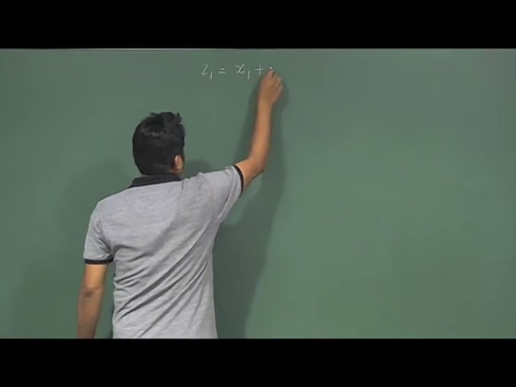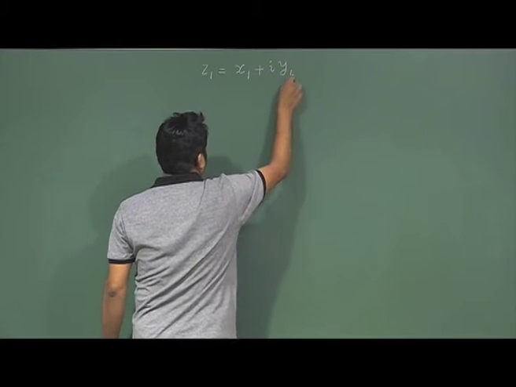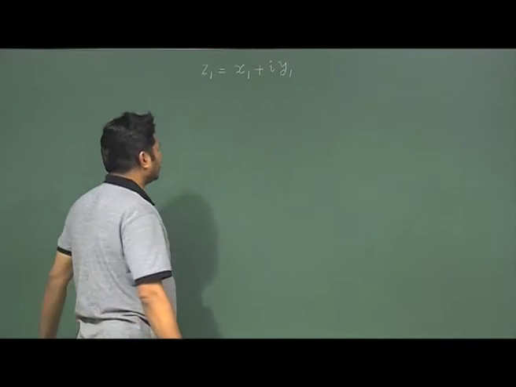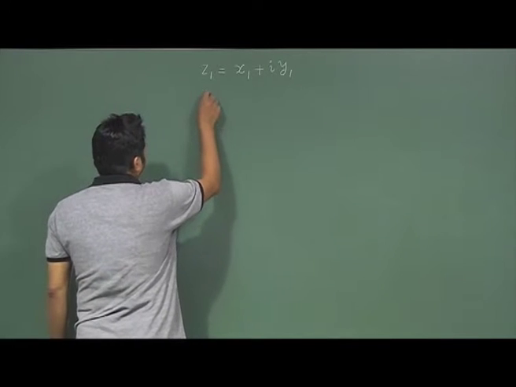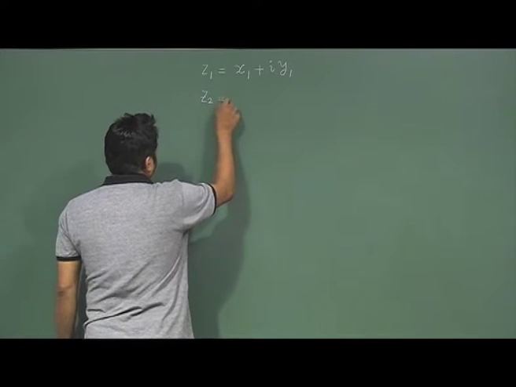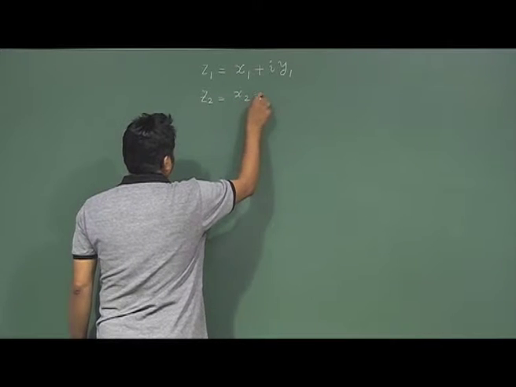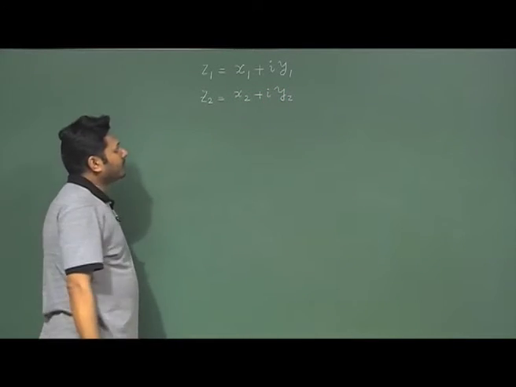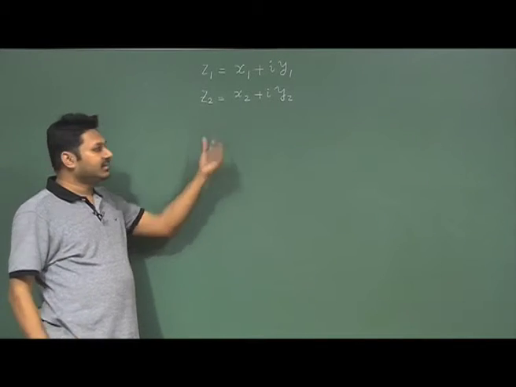x1 plus i y1, where x and y are real numbers as I mentioned earlier, and z2 is x2 plus i y2. So, addition is straightforward.